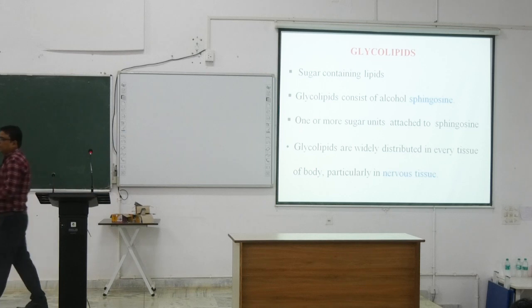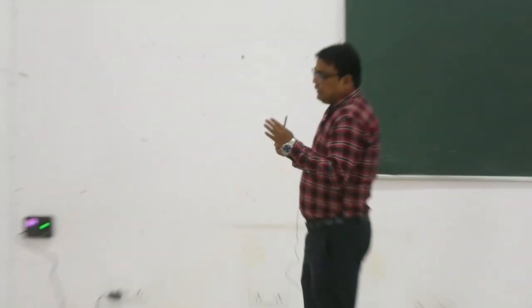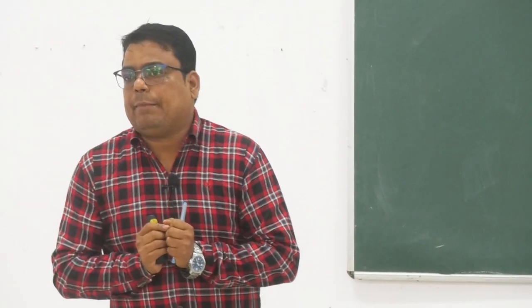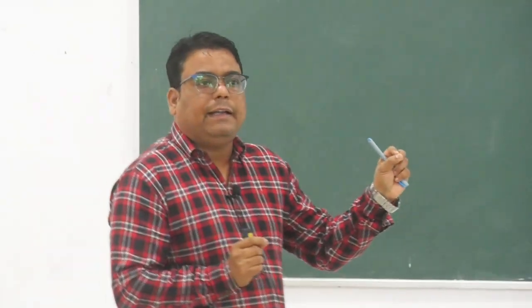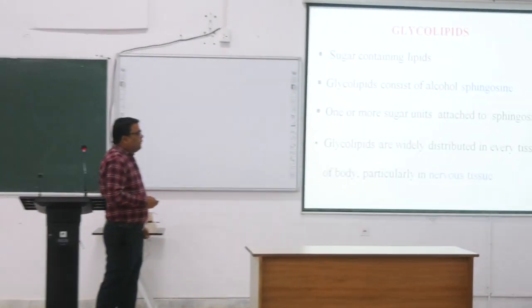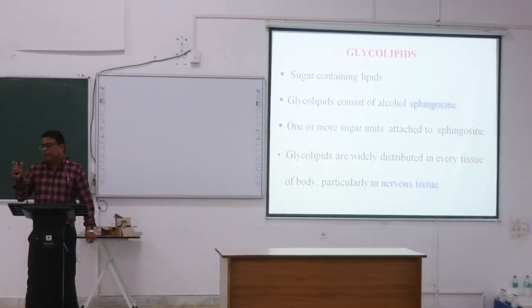Now, glycolipid. What is glycolipid? Glycolipid is the combination of lipid with a carbohydrate moiety. Okay? It is again a complex lipid in which lipid molecules are combined with the sugar moiety, and it contains an alkali group. That is the main feature of the glycolipid.